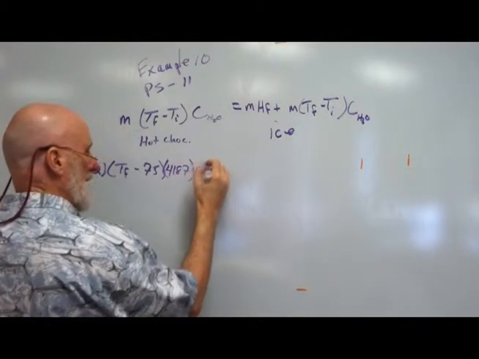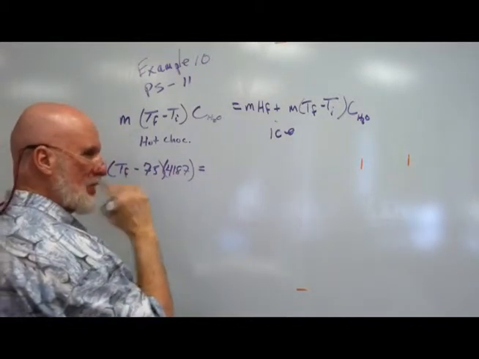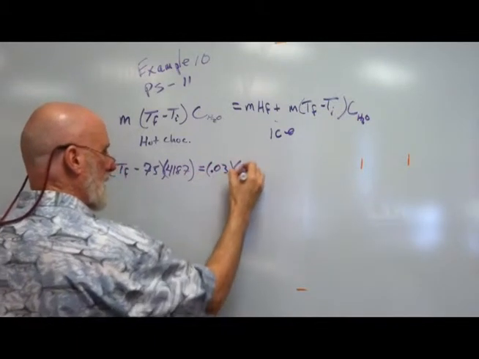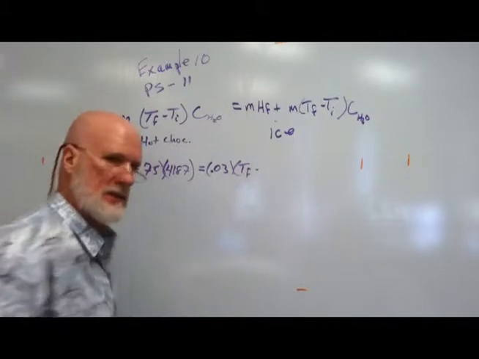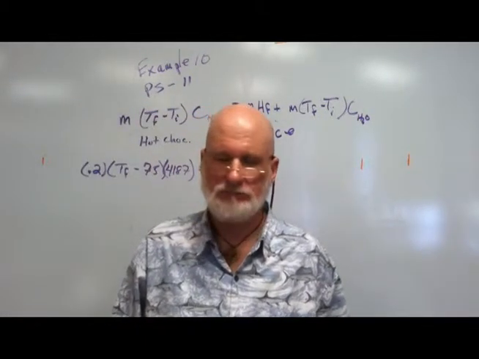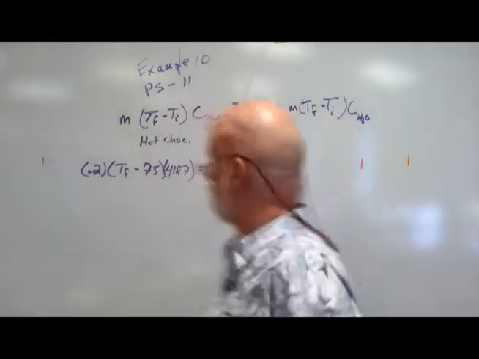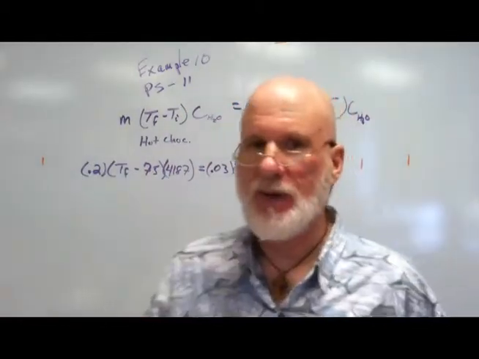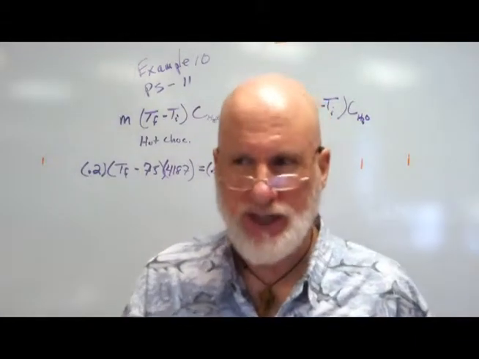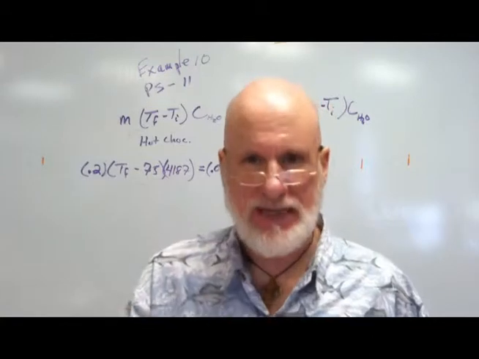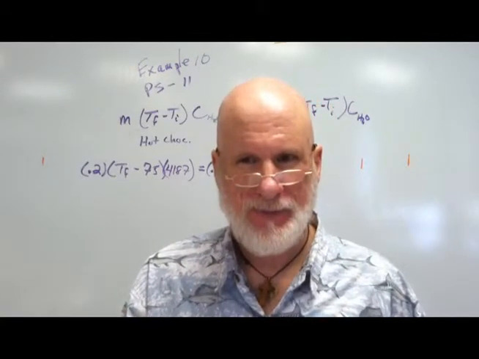Equals, the mass of the ice is what, 0.03? Is that correct? And then TF minus what? Heat fused. We don't need that, do we? Because there's no temperature change when you talk about the heat of fusion. It's just mass times the heat of fusion. You see that?